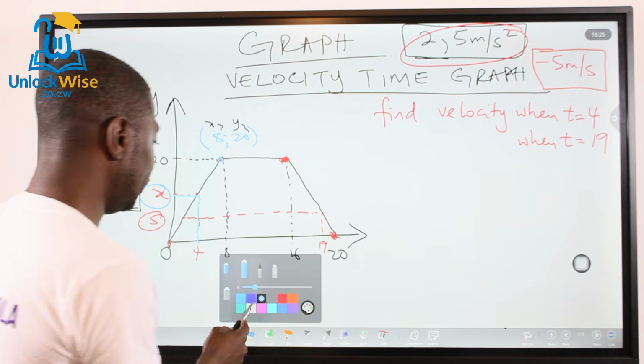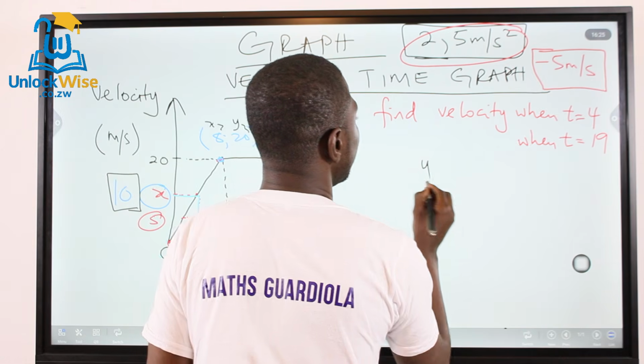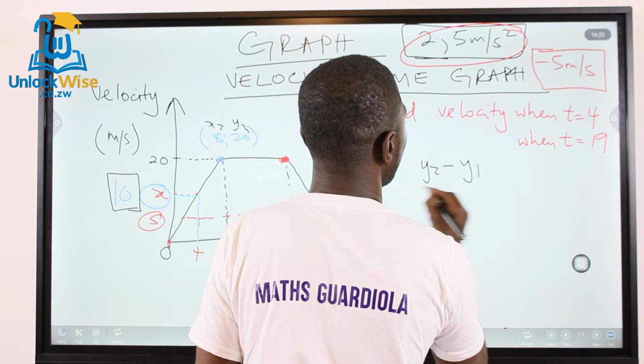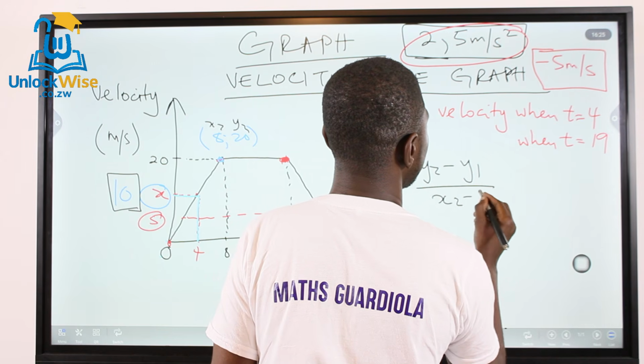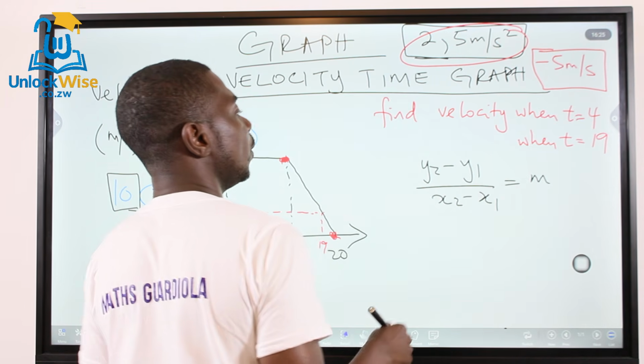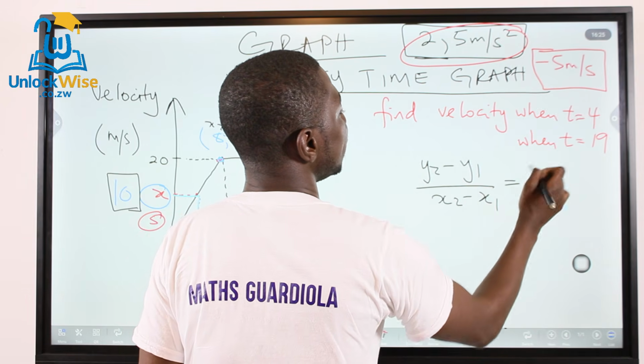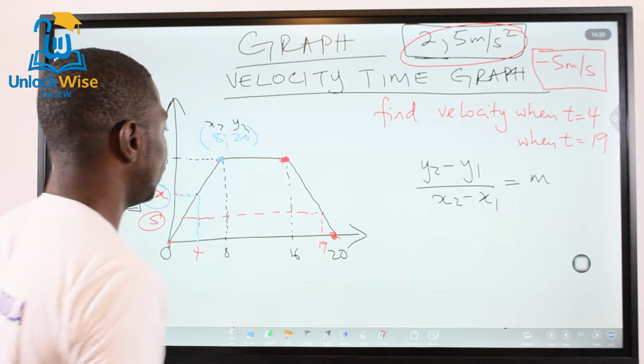So what I'm saying here is (y2 minus y1) over (x2 minus x1) is equal to the gradient, or our velocity over our time is equal to our acceleration. No problem.